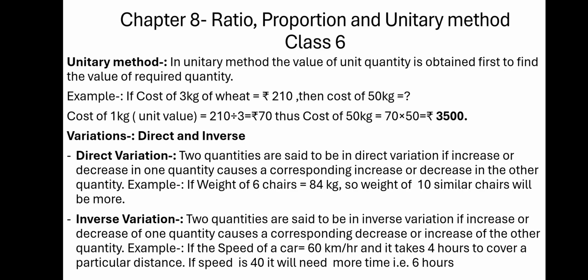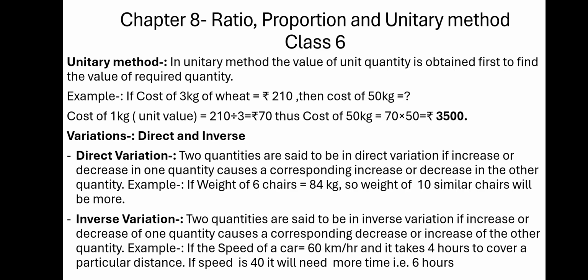So first we have to find out the cost of 1 kg, that is 210 divided by 3, that is rupees 70, and thus the cost of 50 kg equals 70 into 50, that is rupees 3500.